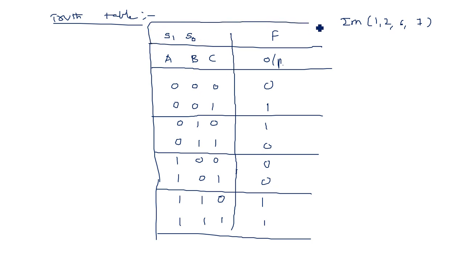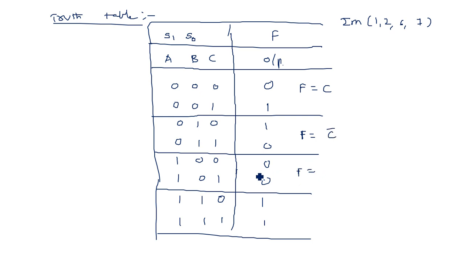Okay. So now look here. In the first slot, f is equal to the same as c, the third input. When a and b are zeros, nothing but when selection lines are zeros, output is equal to simply c. And similarly here f is equal to the complement of the third input, c bar.